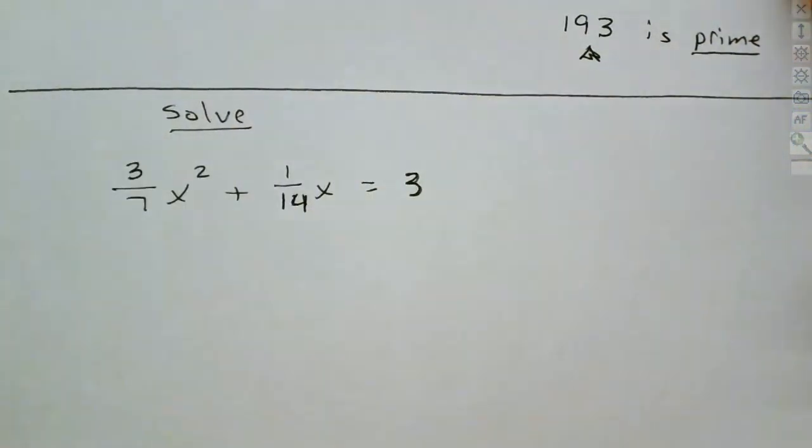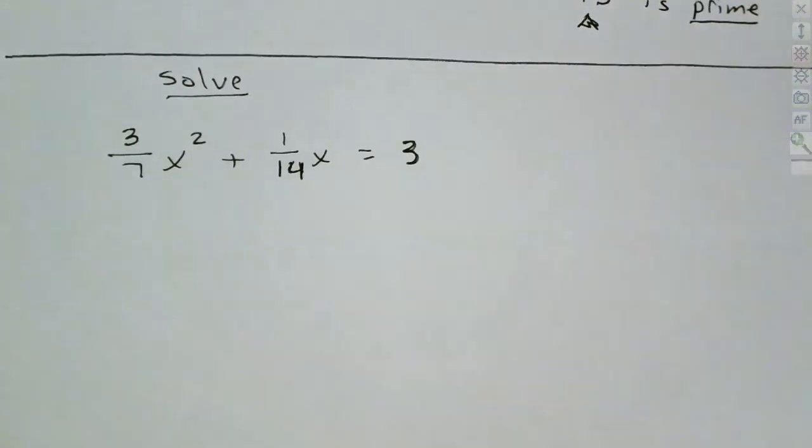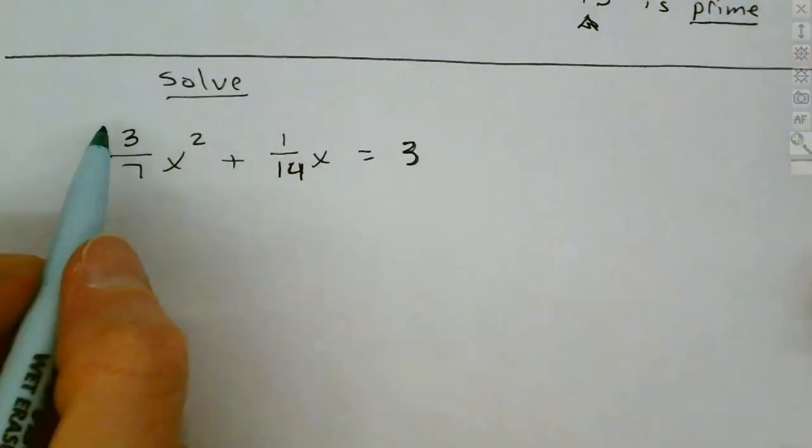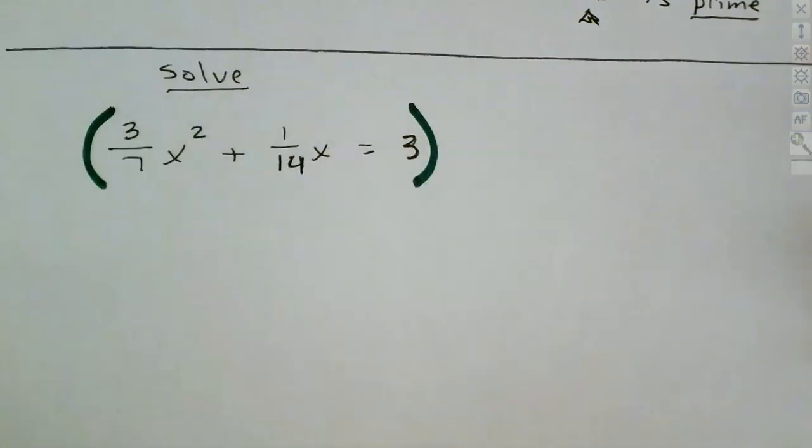So let's start with this one. Okay, so I want you to solve it. You can either clear the fractions out at the beginning, or you can clear the fractions out at the end. Let's go ahead and clear the fractions out. What do I need to multiply this by to get rid of my fractions? Does anyone know? Well, what do I need to multiply everything by?